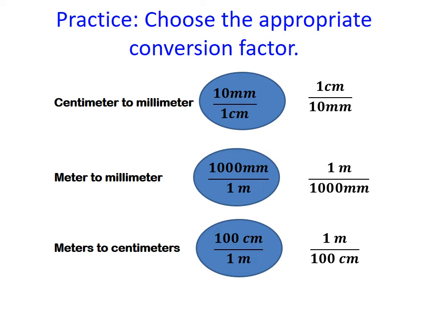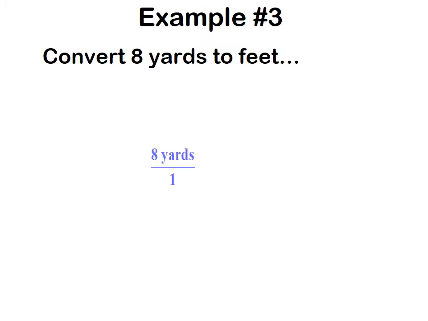Centimeter to millimeter, meter to millimeter, meter to centimeter. These are the basic principles. You have to focus on this. If you know this, you will easily convert any type of measurement.